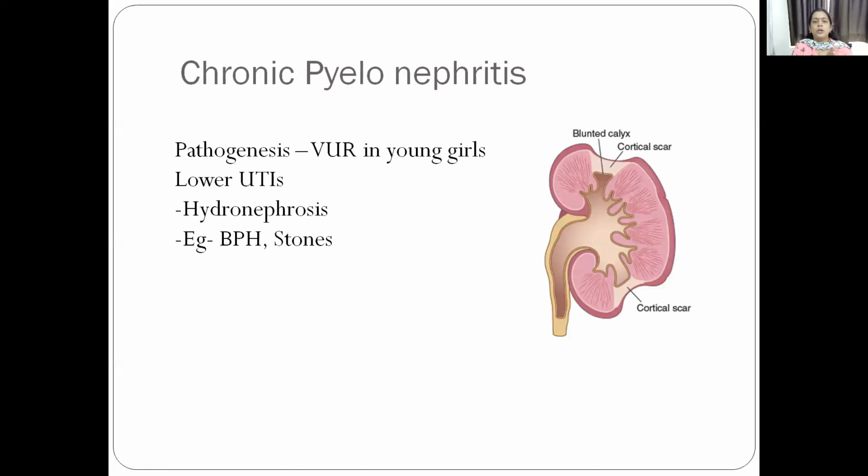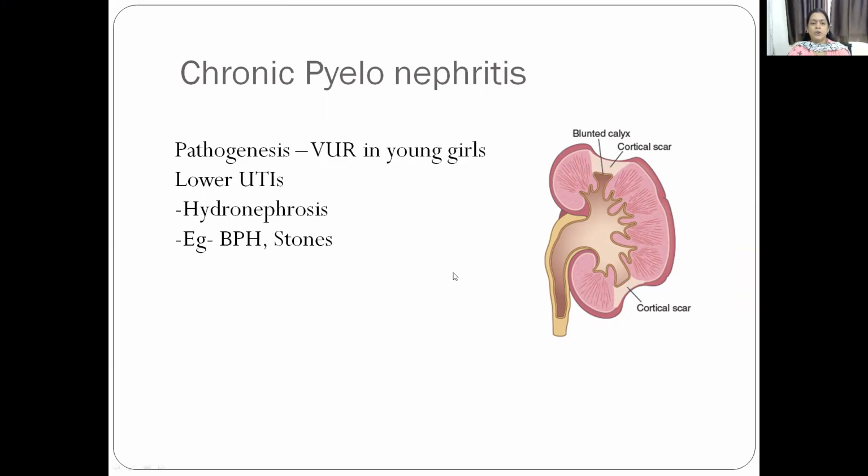Then coming to chronic pyelonephritis, the pathogenesis is vesicoureteral reflux in young girls, and lower UTI, much the same as the acute type of pyelonephritis. See here, you will see the cortical scars that are present because of the chronic pyelonephritis, usually in the upper pole and the lower pole.